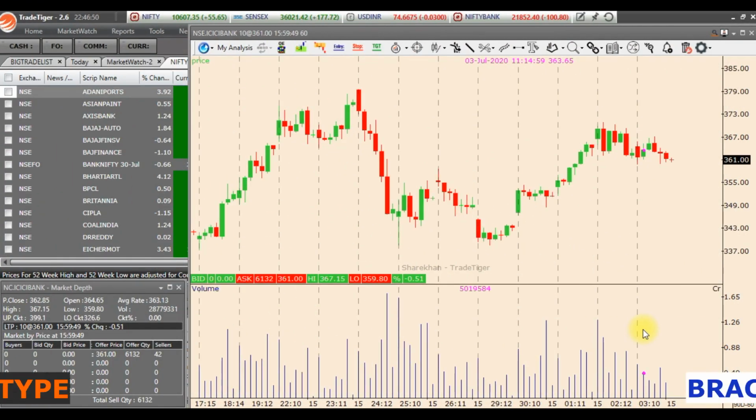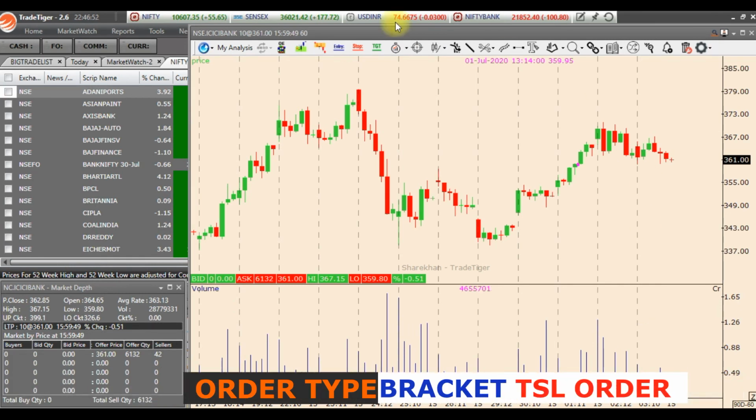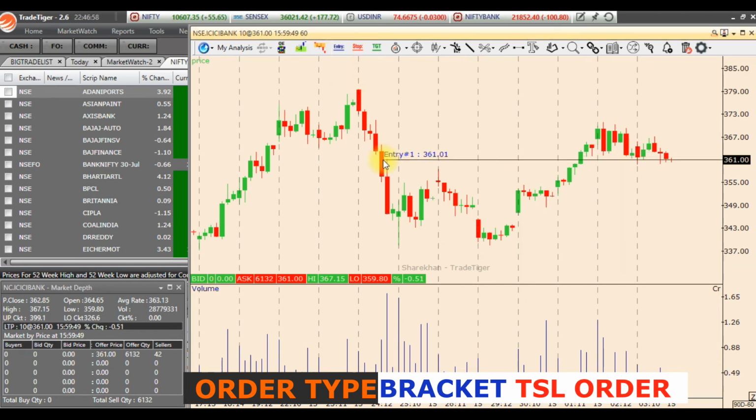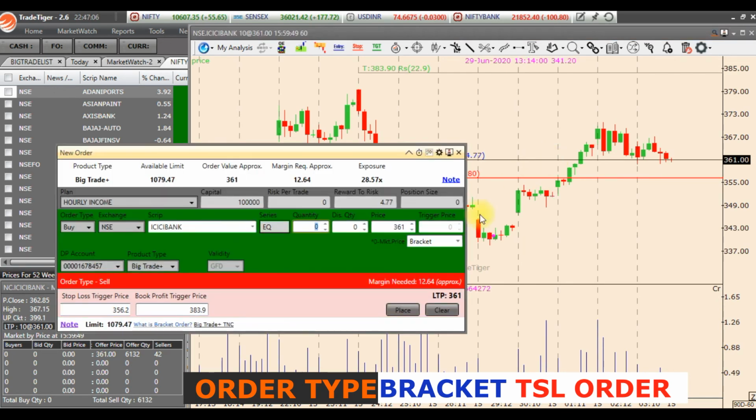Okay, we'll go to the last type of order, which is again a sub-part of the bracket order. You are entering at 361 with a stop loss over here and a target. Okay, you just click it. The other type is the bracket order with a trailing stop loss. You just click.